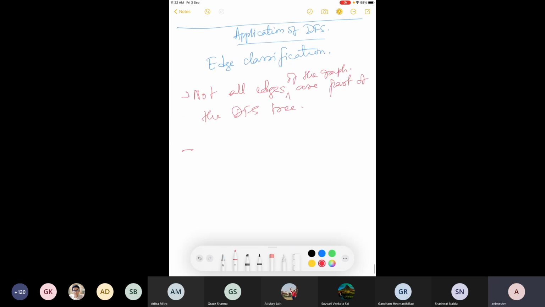So edges that are part of the DFS tree are called tree edges.